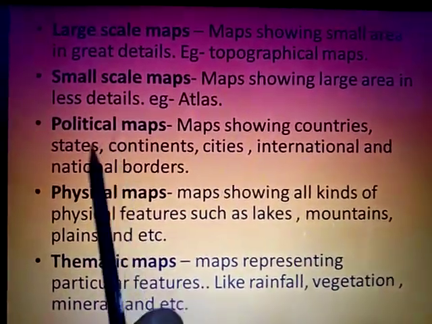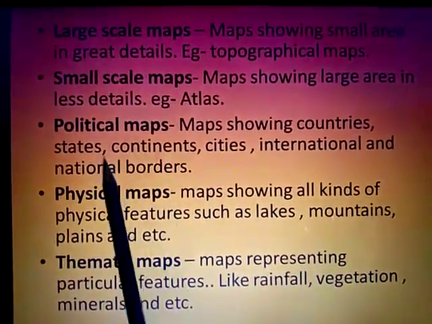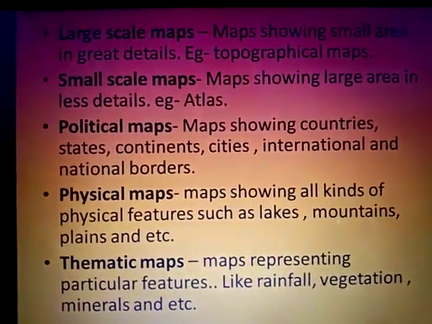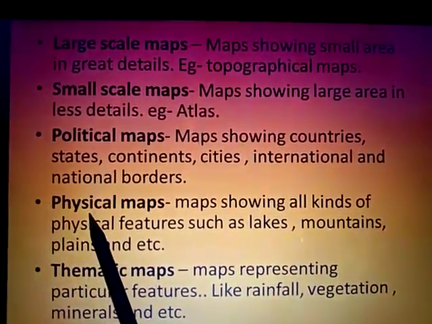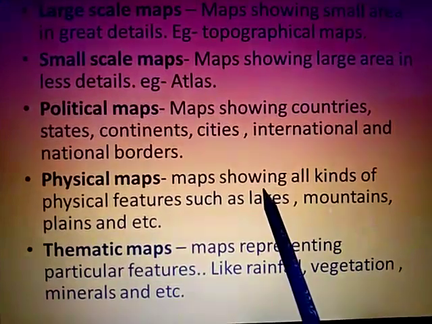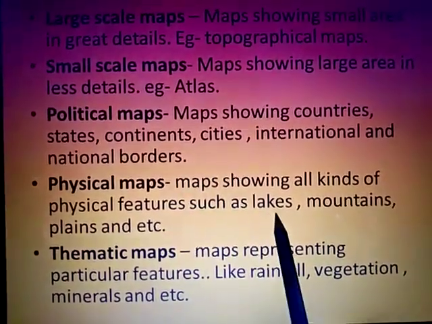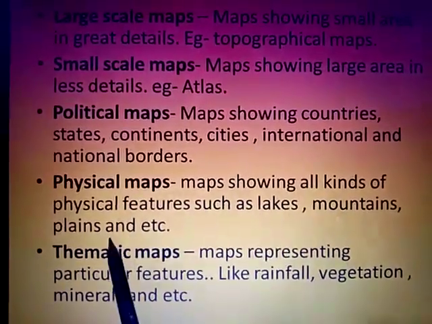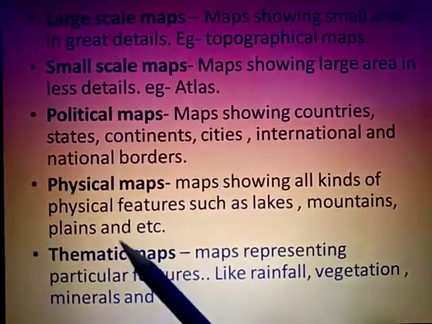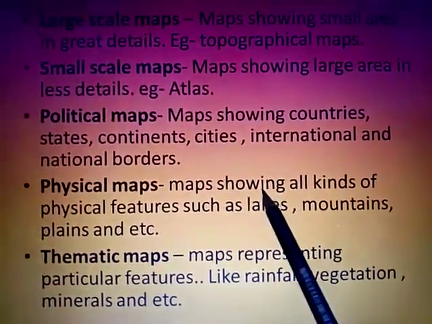Political maps are the maps which show you the countries, states, continents and all kinds of borders they share between them. Coming next to physical maps, those maps show you all the physical features of the earth, such as lakes, mountains, plateaus, hills, rivers, oceans and water bodies.